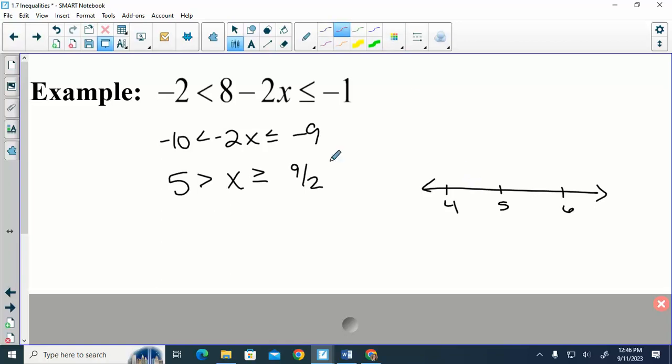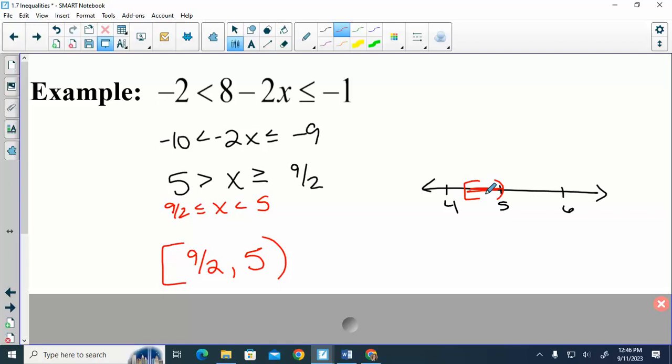So you could flip it around. So your actual solution is bracket 9 halves or 4.5, comma 5 with the parenthesis. Interval notation, you always have to go left to right or small to large. Do we need any more examples with our inequalities?